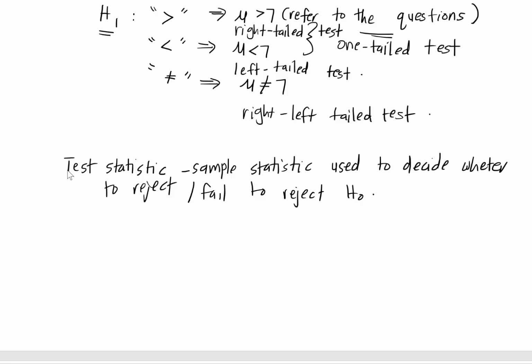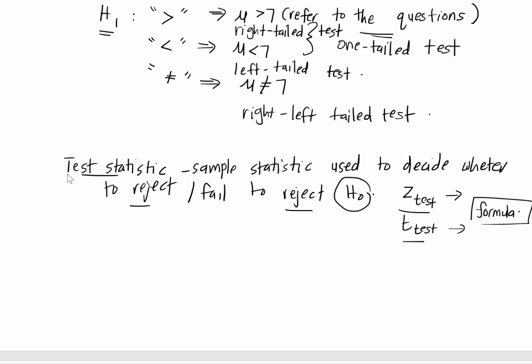Now our aim is to make a decision whether we want to reject or do not reject the H naught. So this test statistic can be your Z test, which comes from your Z table, or it can be your T test. How to get this Z test and T test? It comes from the formula. We will look at the formula later. But we must calculate the Z test and also the T test.